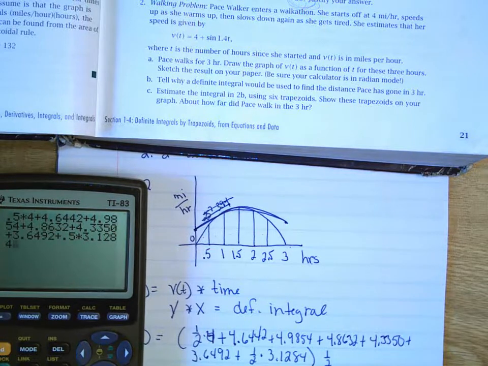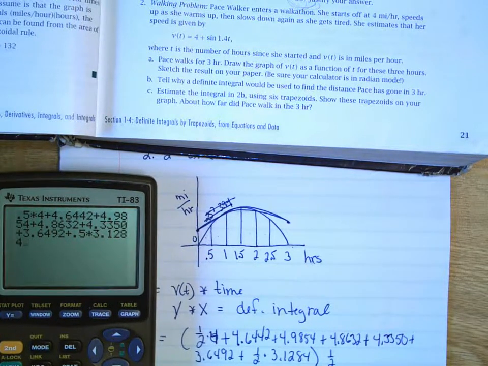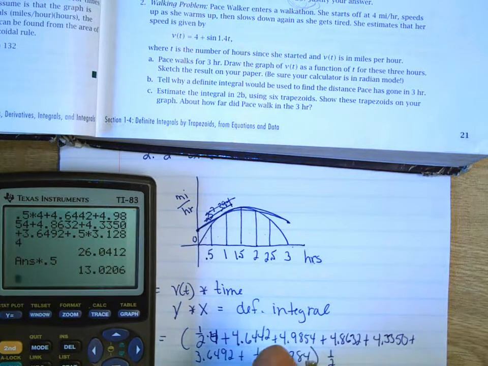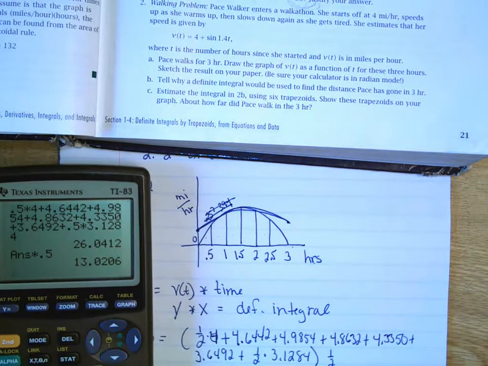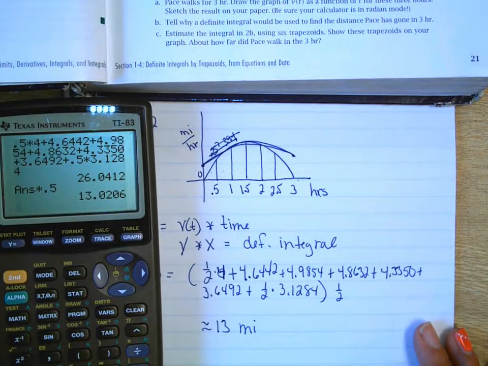That's the one thing about talking with no one in the room. If I make a mistake, there's no one there to let me know. So about 13 miles she went in her 3 hours. Oops. Right there, 13 miles.